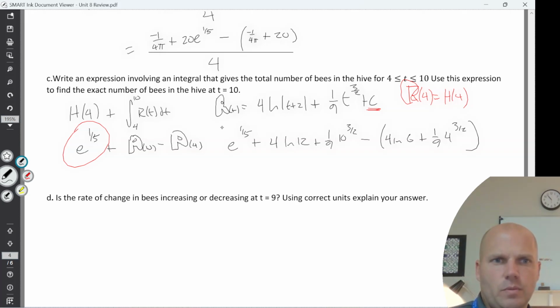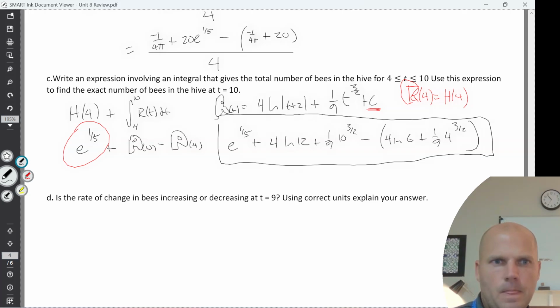This would be the total amount in hundreds of bees. So I probably would say this is the total amount of bees at a certain time t. Don't let the t's disagree, so I'm saying my population at a time, and then I found it at 10.